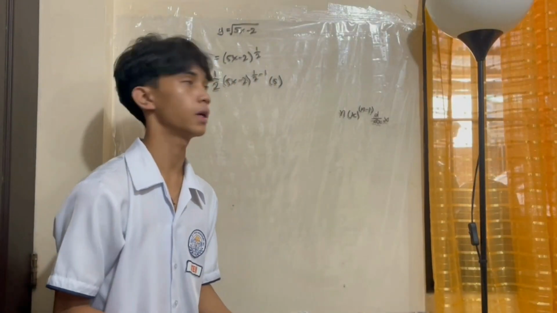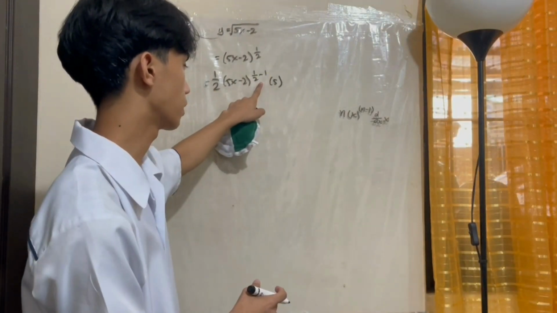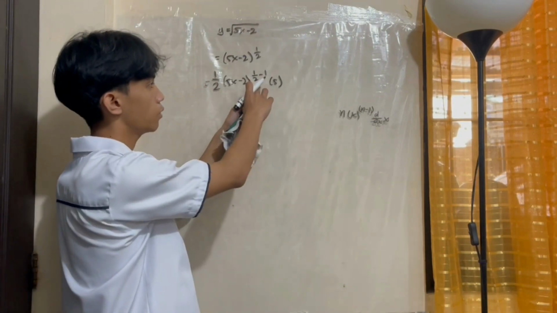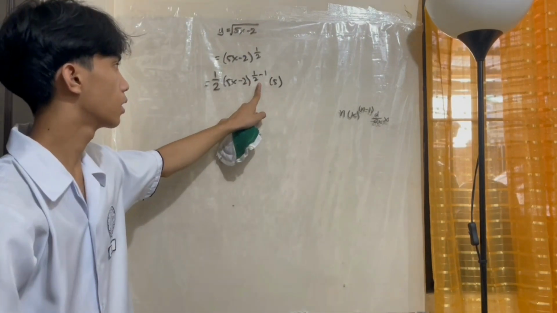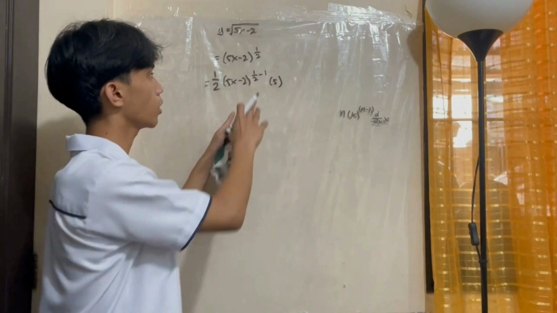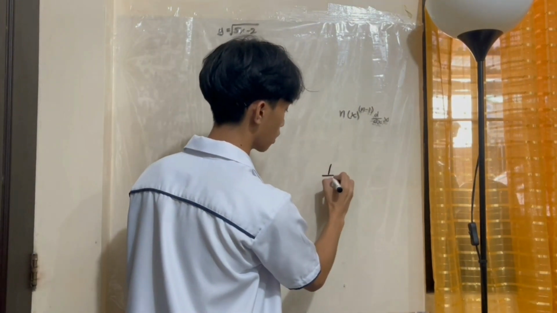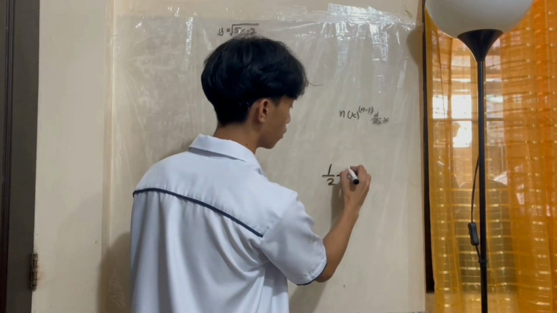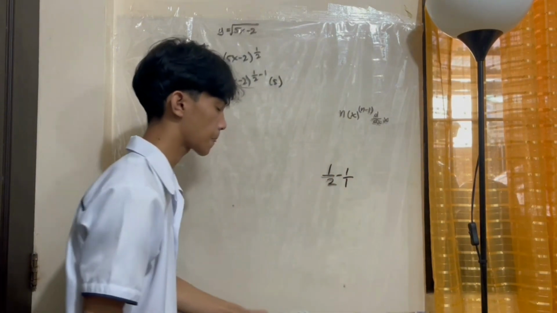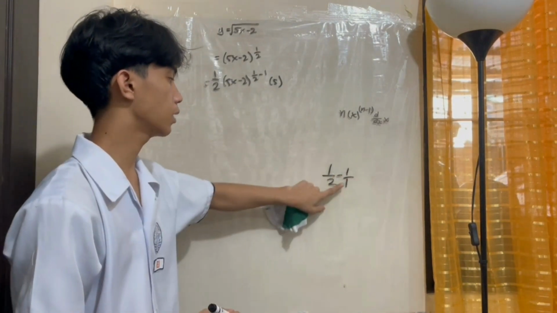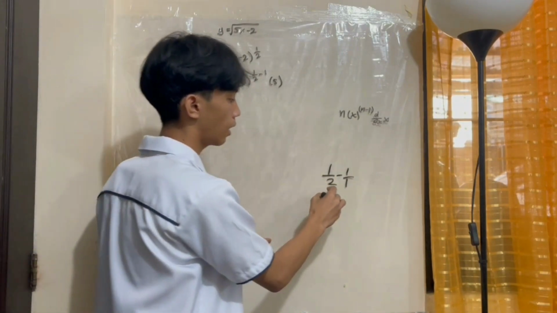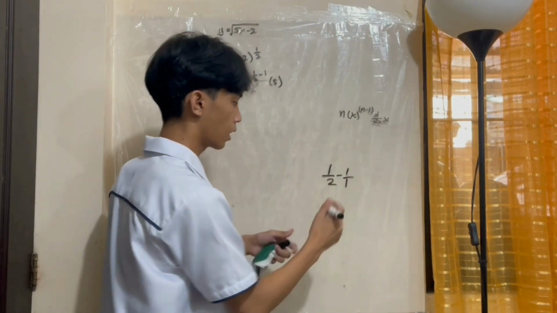Now, let's simplify it by first looking at our exponent. As you can see, our exponent is a fraction. And how are we going to subtract a fraction with a whole number? So first, we need to write our whole number into a fraction. Then now, we need to find the denominators' LCM.